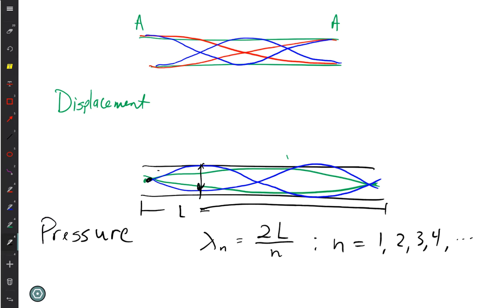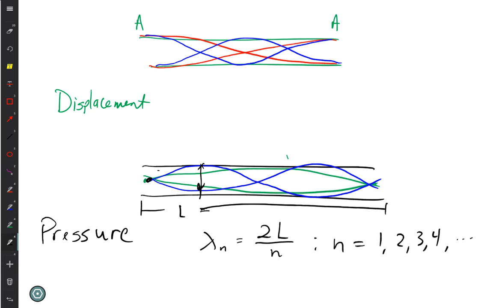I can't get the lowest note with my hand over the bottom, same problem I was having with that one, but I can get a higher one. Notice this is not the same as what I get without my hand, so listen. It's between those two. So you get different pitches when you put the end covered versus when it's uncovered.